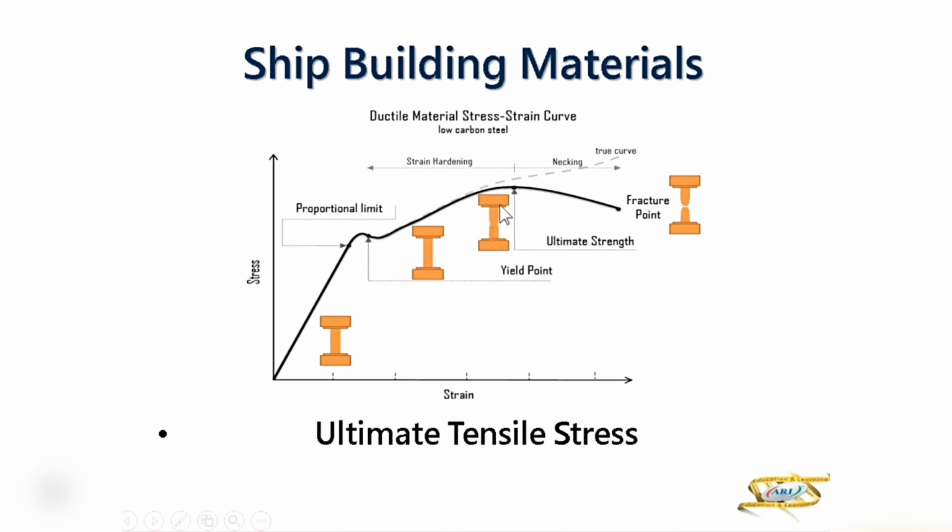After this, necking will take place. See, the neck is being formed here. So from this point till the fracture point, the necking will take place, and the neck breaks. That is the fracture. So this is your proportional limit, yield point, UTS, and between yield point and UTS is the strain hardening, and between UTS and fracture point is necking.